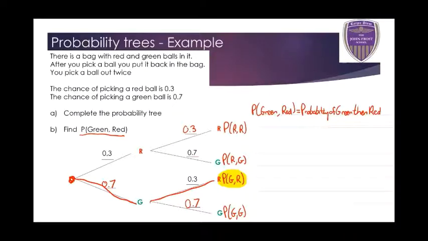So the probability of green, red is equal to 0.7, which is the probability of a green ball, multiplied by 0.3, which is the probability of a red ball. If you do 0.7 times 0.3, you should get 0.21. So the probability of green, red is 0.21.